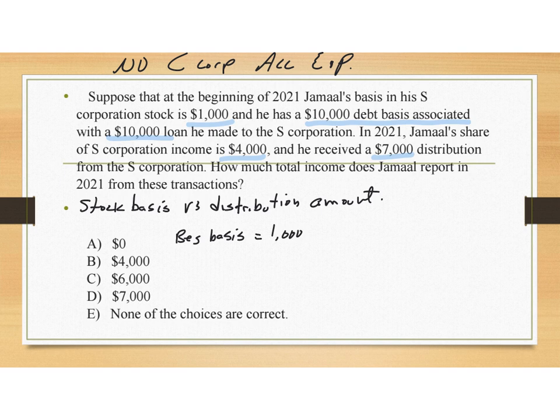Remember, this $10,000 is debt basis, that's not stock basis, so we have to keep those separate in an S corporation. We had S corporation income of $4,000, so that's an increase in basis for ordinary income.